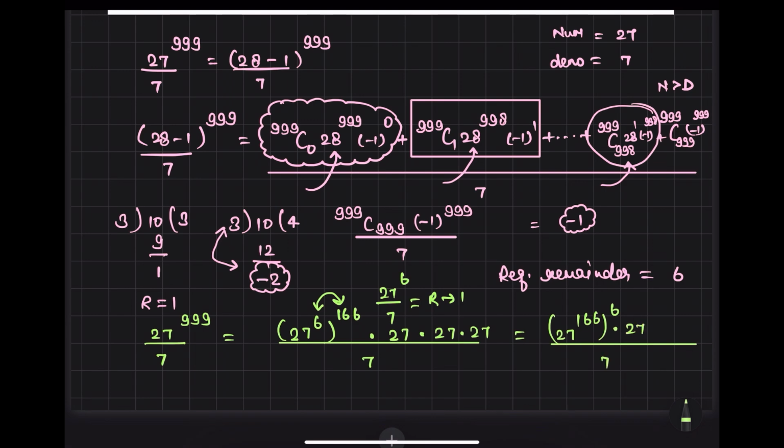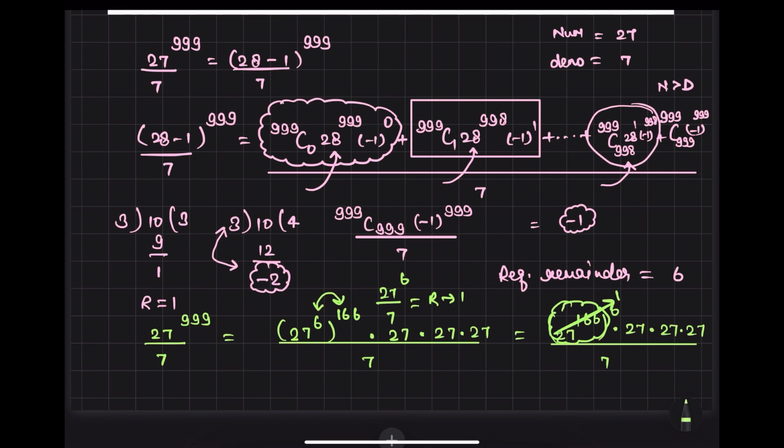You have 27, 27, 27. Correct? Now be super slow. You know that when this number is divided by 7, the power is 7 minus 1, which is 6, so the remainder will be 1. So from this case, the remainder is 1.